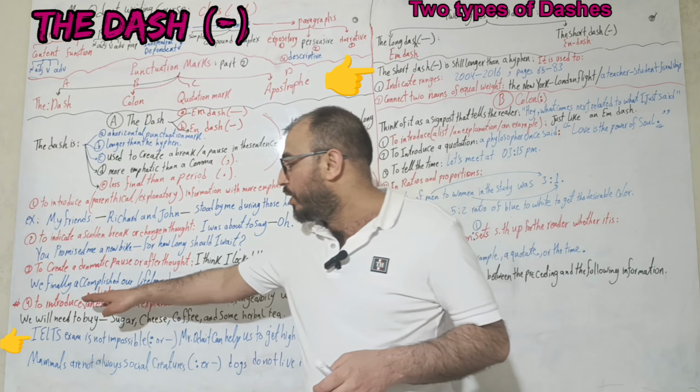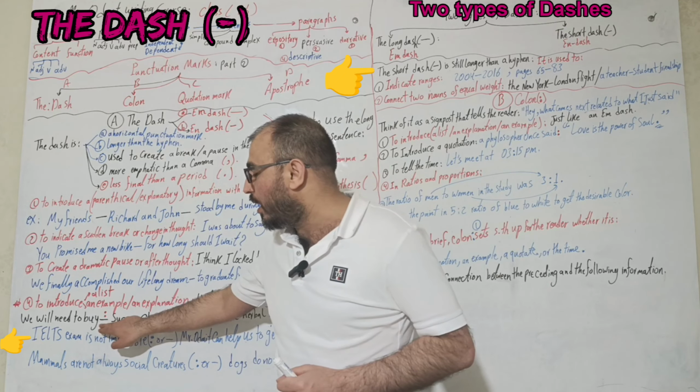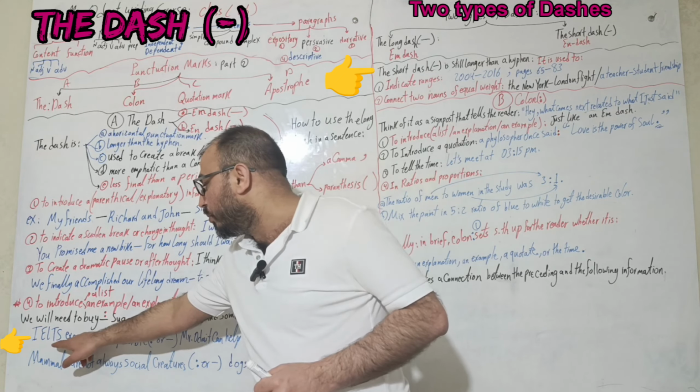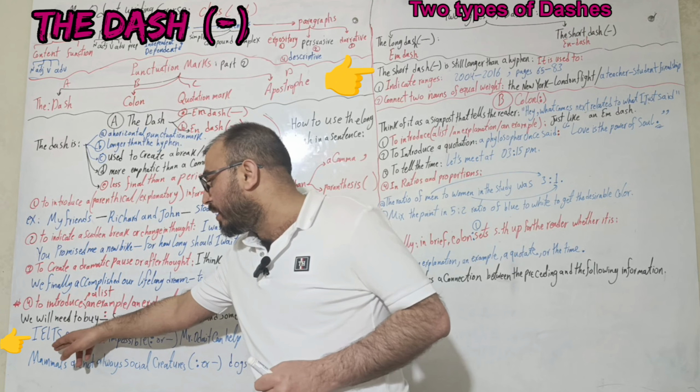I will give some examples here, my friends. Example number 1: we will need to buy sugar, cheese, coffee, and some herbal tea. And here, my friends, I use it to start a list. Another one here to give an explanation. I say, IELTS exam is not impossible. Mr. Odate can help us to get a high score with his techniques.